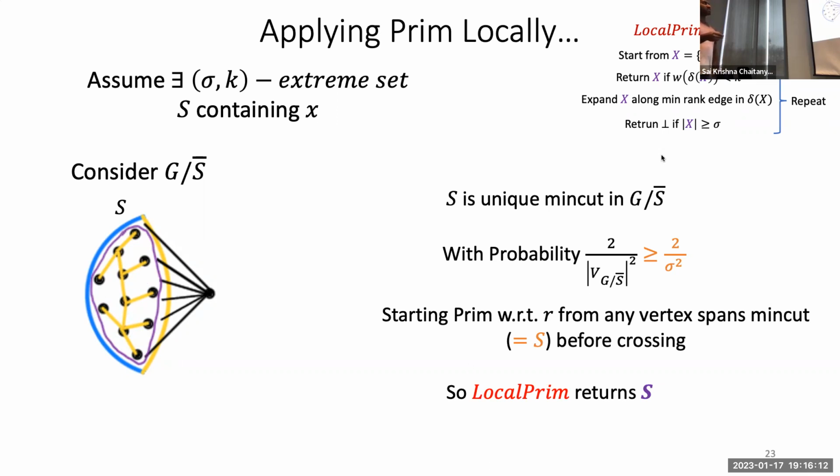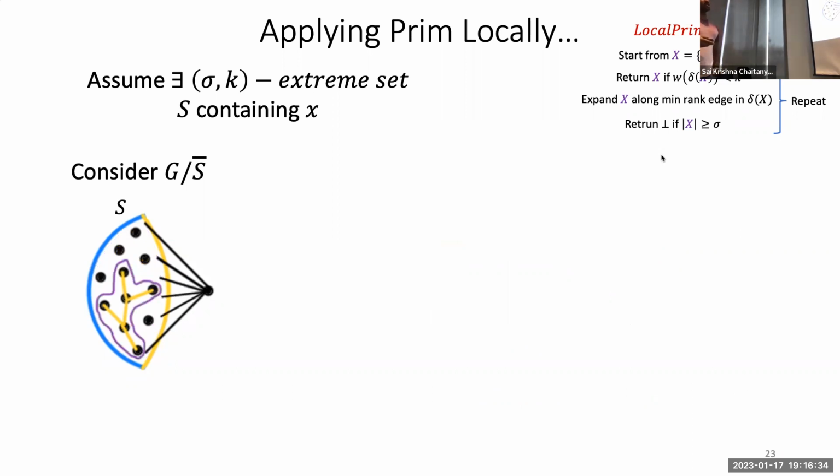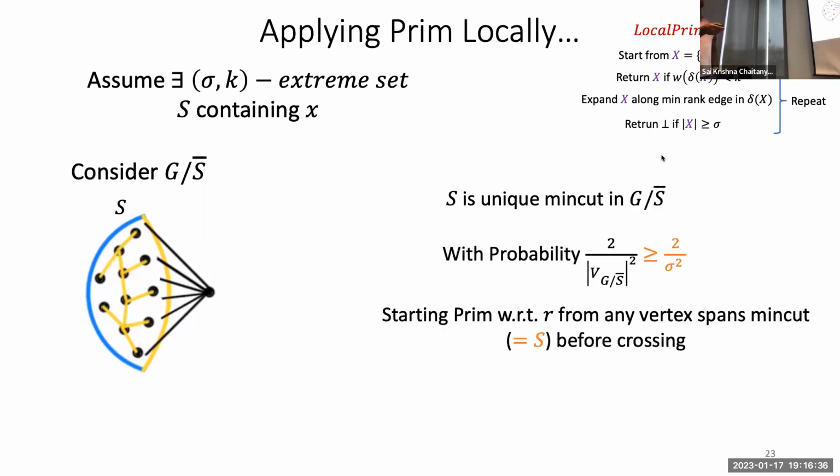If you are considering this G contracted S bar, it can't span the cut S before actually spanning this. So the Prim algorithm has to actually contract all the vertices on one side to cross this. At which point the cut size of this particular set is less than k, so we won't even cross it. We'll just return this set, because in our previous algorithm we have actually found a cut of size less than k, so we'll just return it.